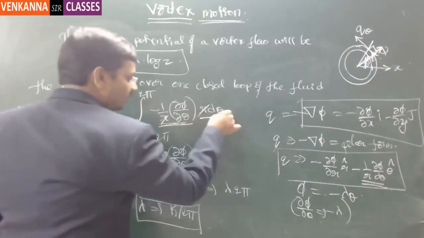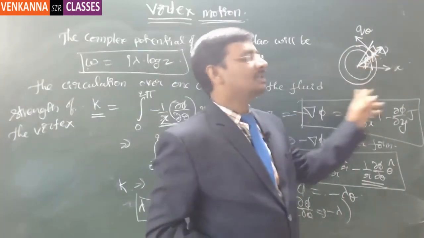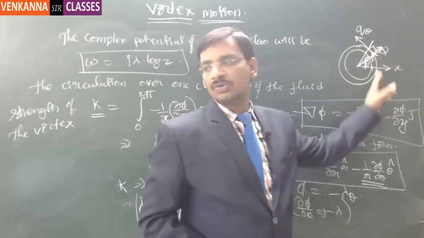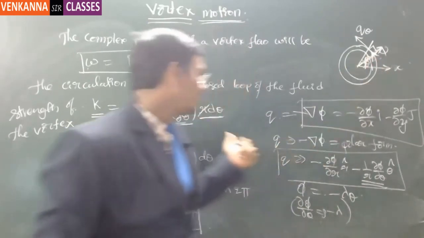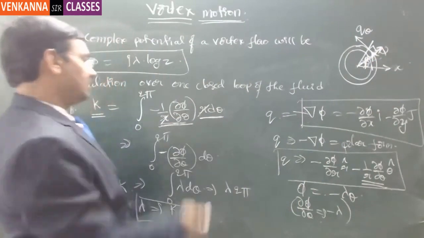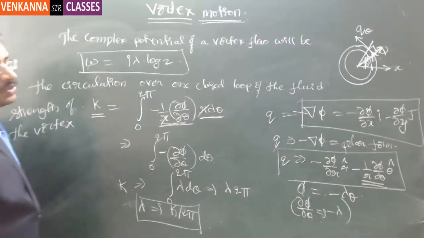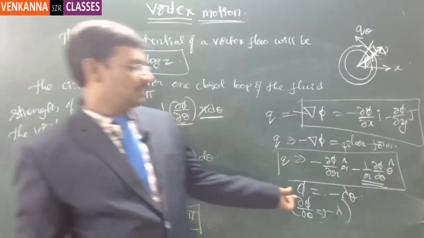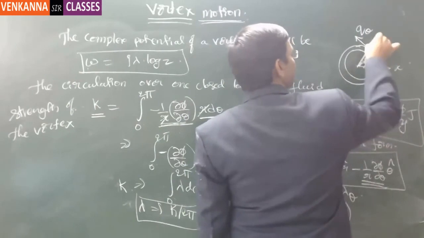So into r d theta, why? Because we are trying to find the circulation over the closed contour given by this particular circle. This closed contour is nothing but the perimeter. You can give an elemental perimeter as r times the angle d theta. So this r you can cancel out, but minus dou phi by dou theta is nothing but the potential. As I told you, there will be a potential difference between these two angles.